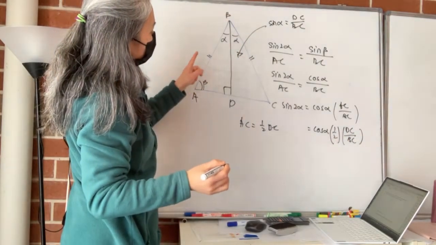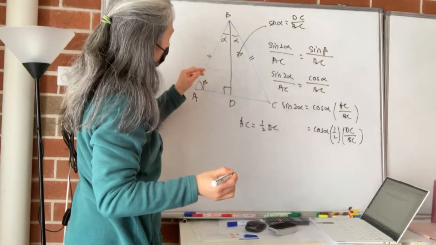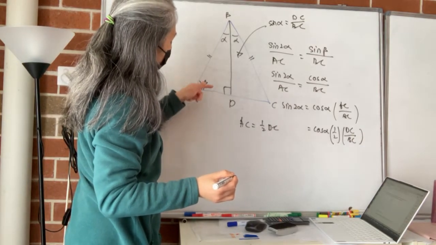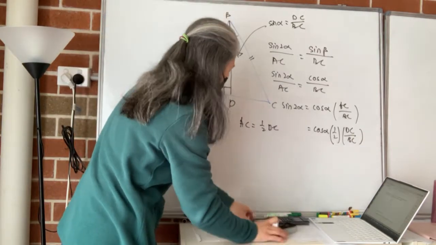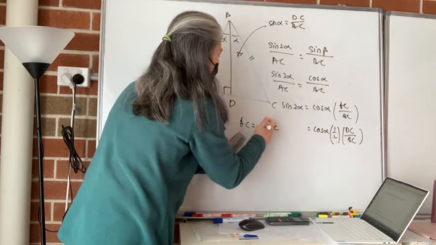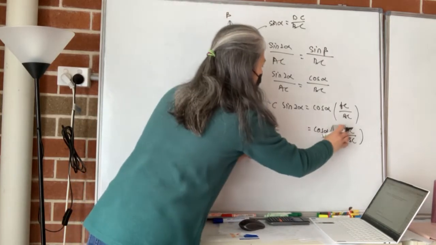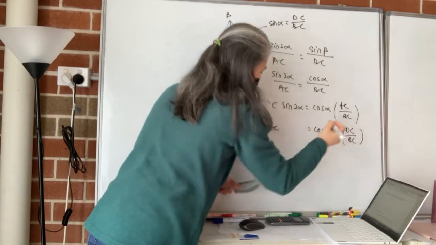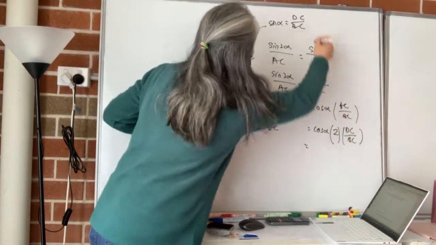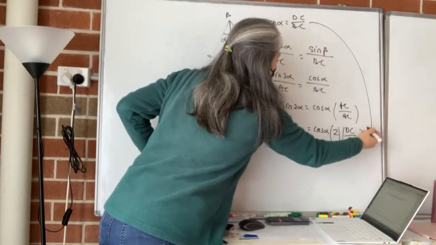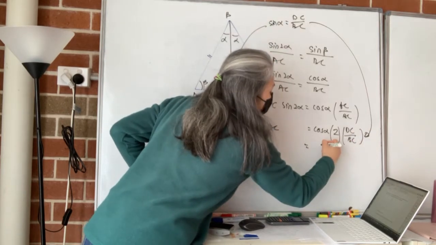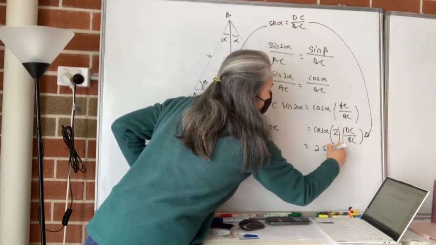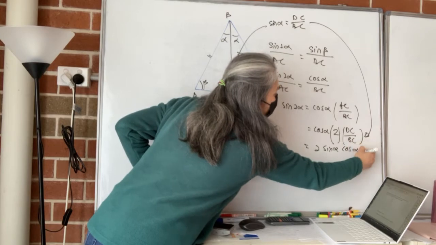Is that right? Oh, no, twice. I put it the wrong way. This one is 2, not a half. And from here, you know that is equal to sine alpha. So it's going to be 2 sine alpha cos alpha.